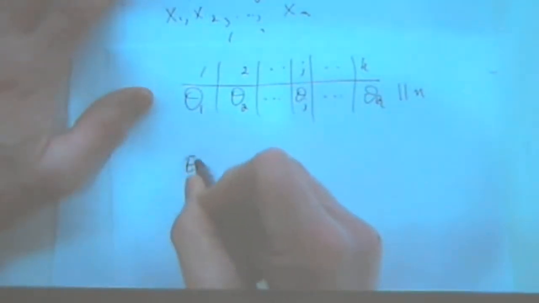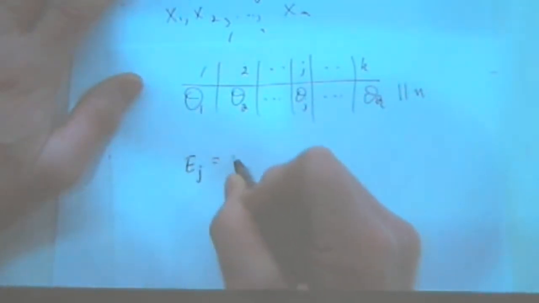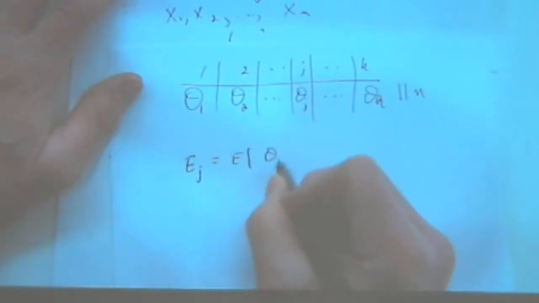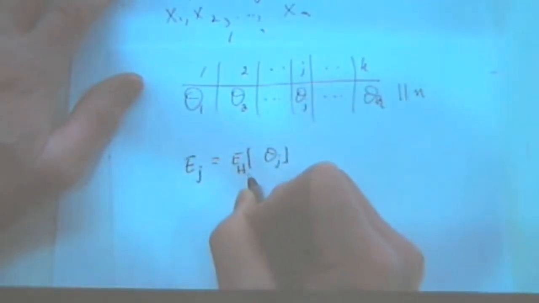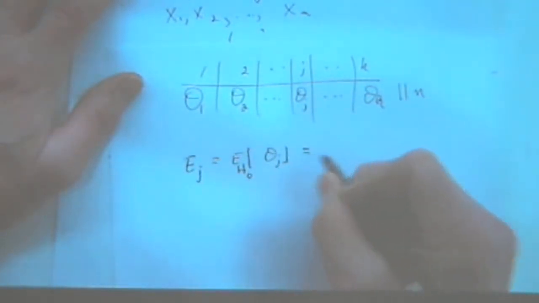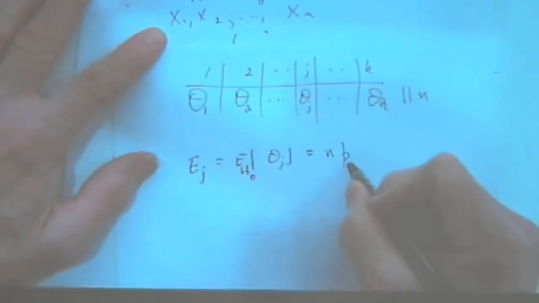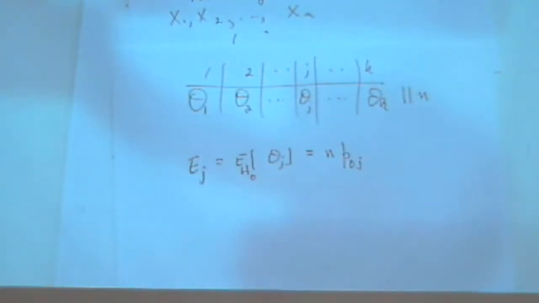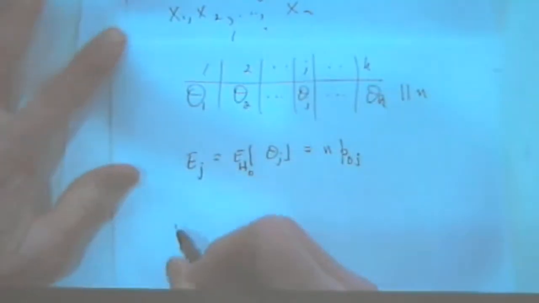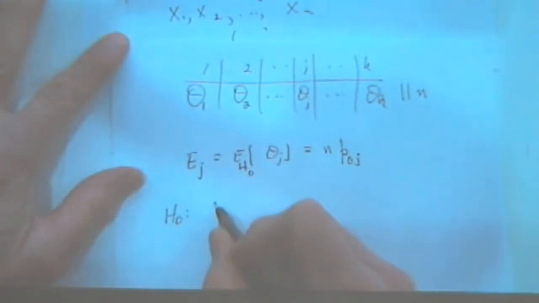And then we form the expected frequencies. So E J would be the expected value of O J under H naught. This would be n times the distribution we specify, so you might have P naught. You have to specify these for H naught.